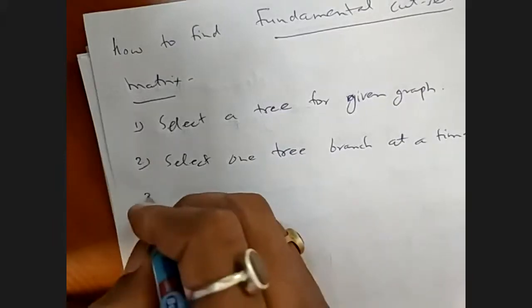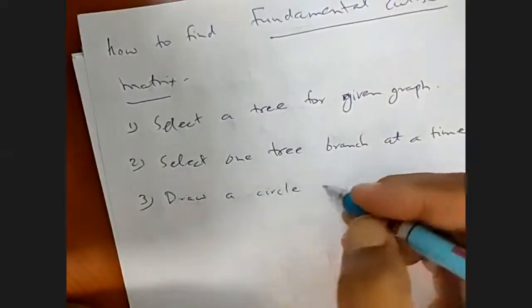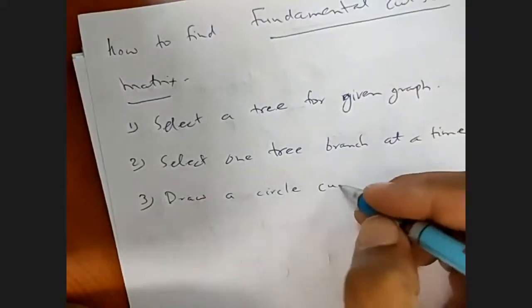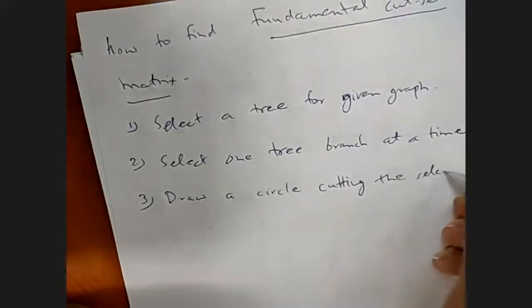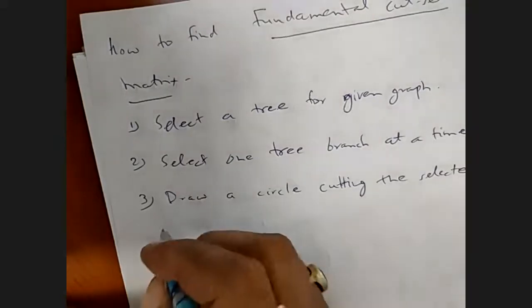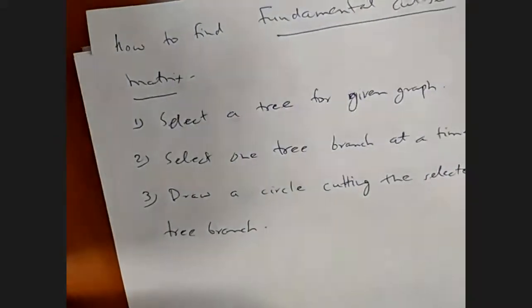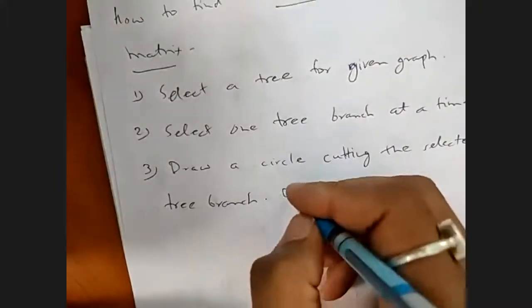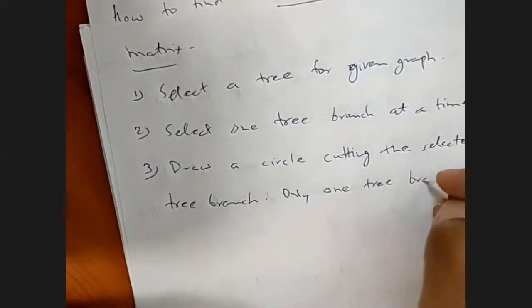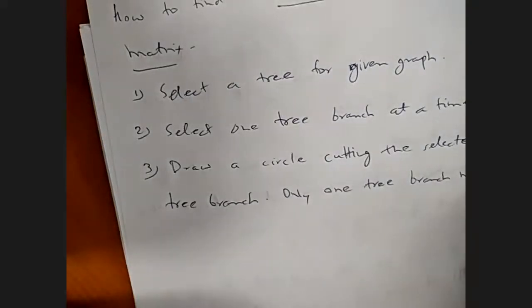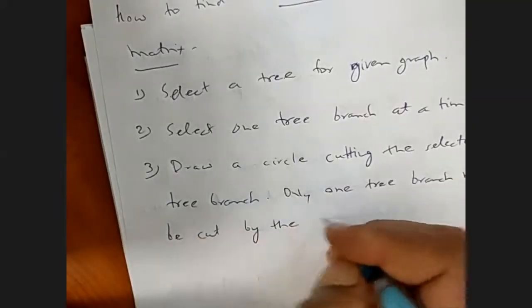Third, draw a circle cutting the selected tree branch. Only one tree branch must be cut by the circle.